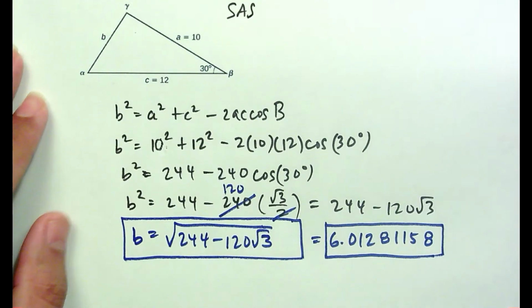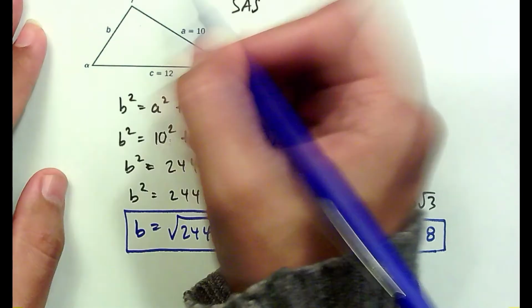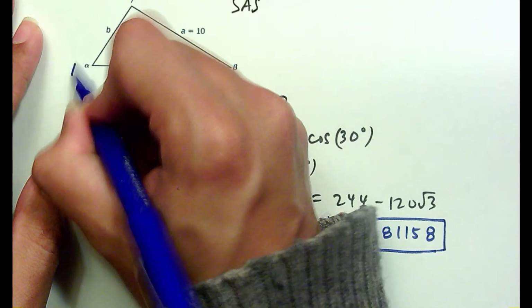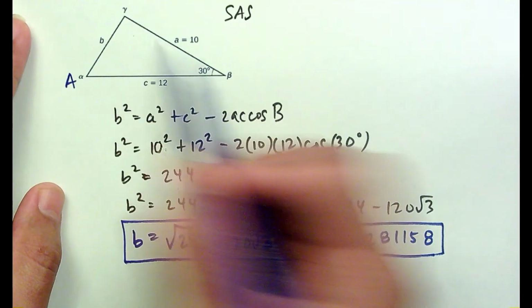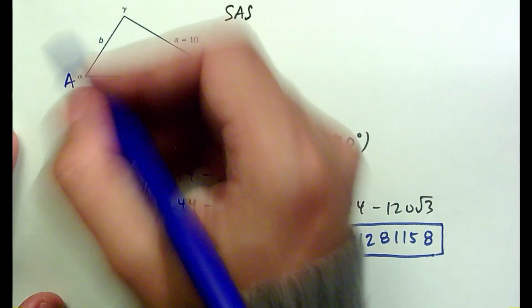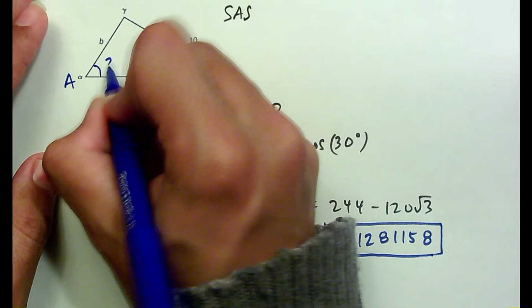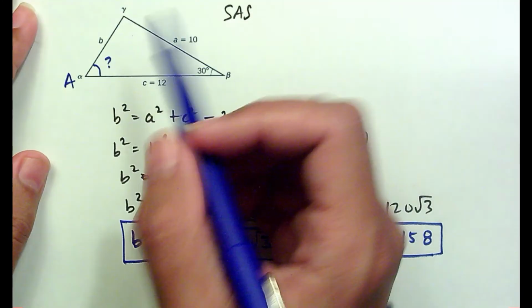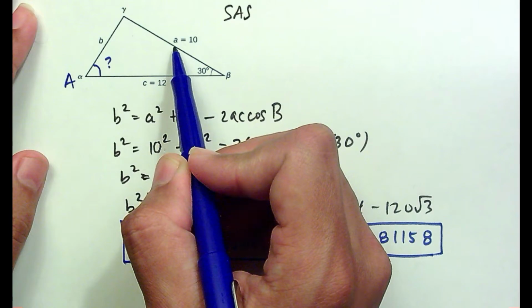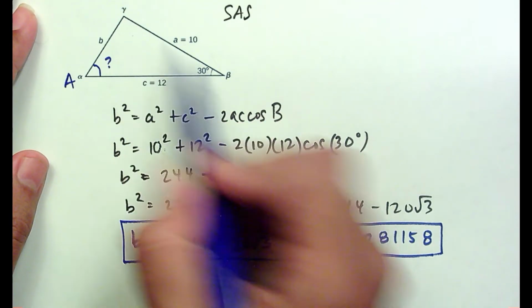All right, so let's use the law of cosines to find, let's say, this angle, which is capital A, the one opposite little a. Question is, what is that? Let's apply the law of cosines where the fake hypotenuse would be little a.